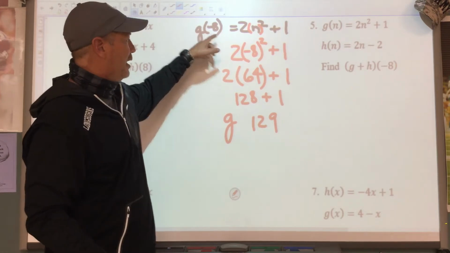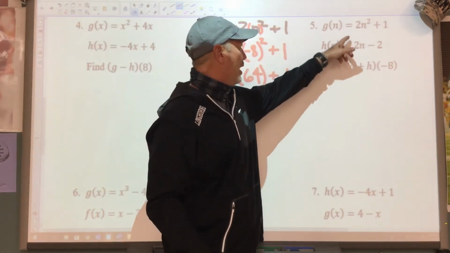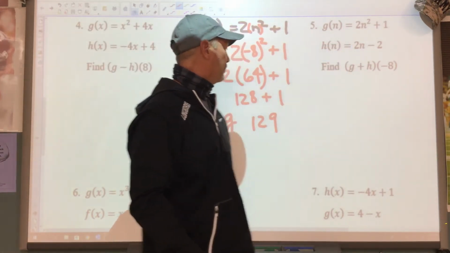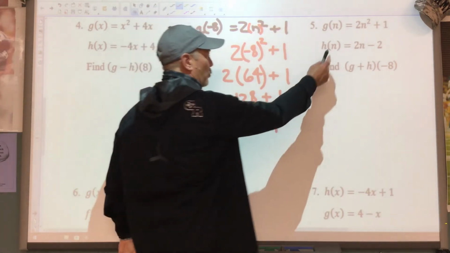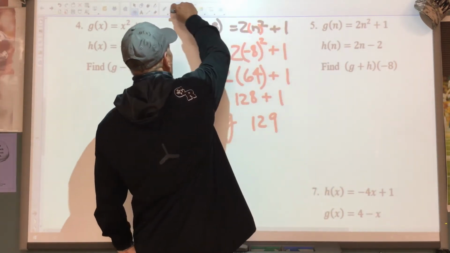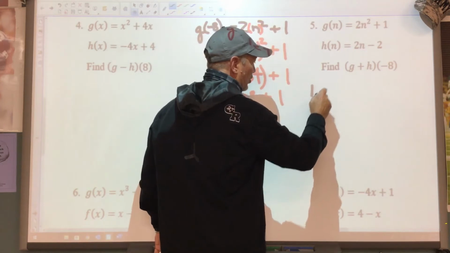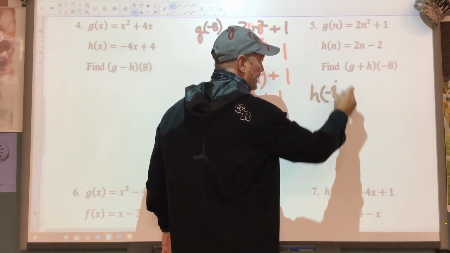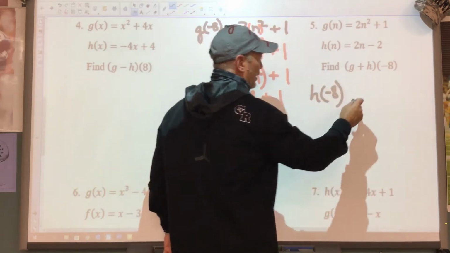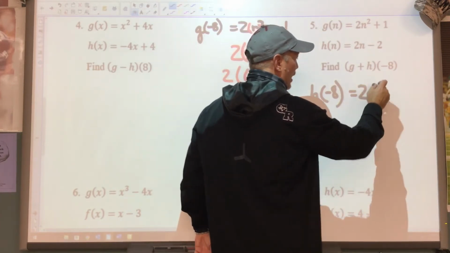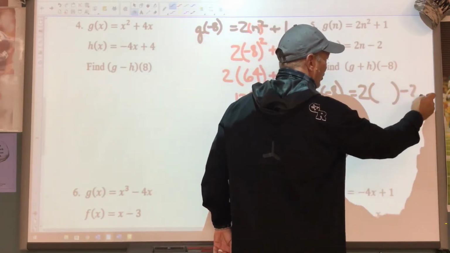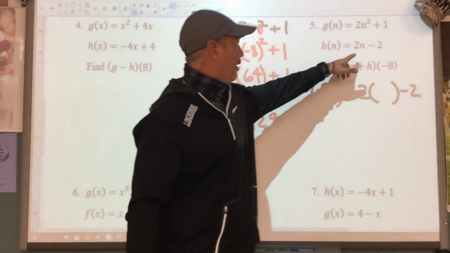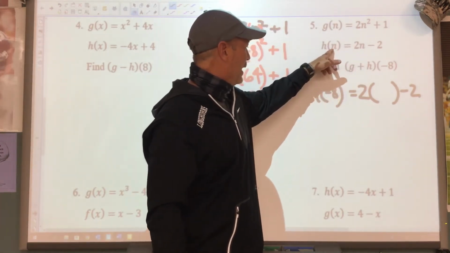We're going to come over here, and now we need to find our h value, okay? So h of negative 8 equals 2 times n minus 2. We said that whenever we see the variable n, we were going to substitute in a negative 8.